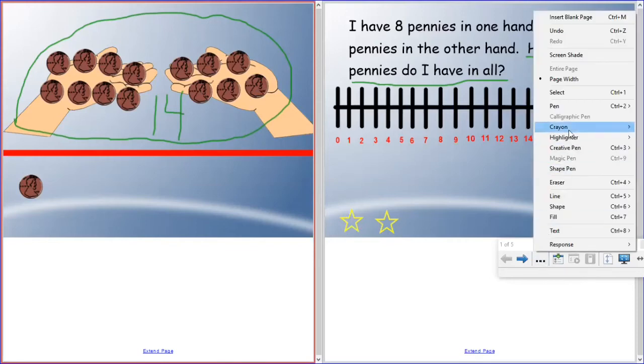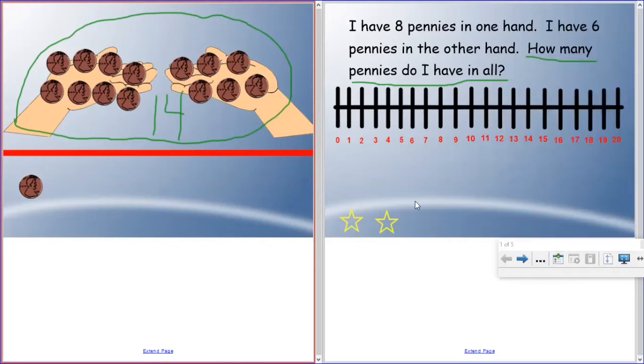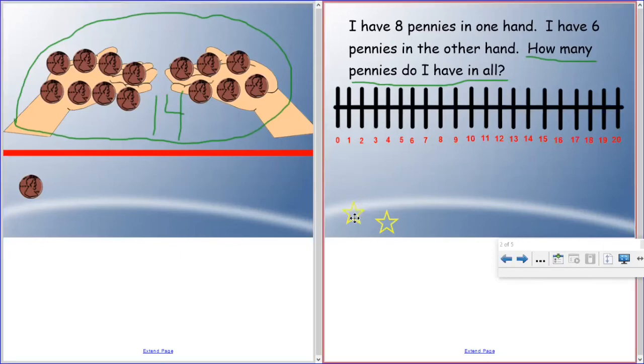Now let's look over here on the number line. Let's use the number line to solve the problem. This first sentence says I have 8 pennies in one hand. So I'm going to put the star around the number 8 on the number line.